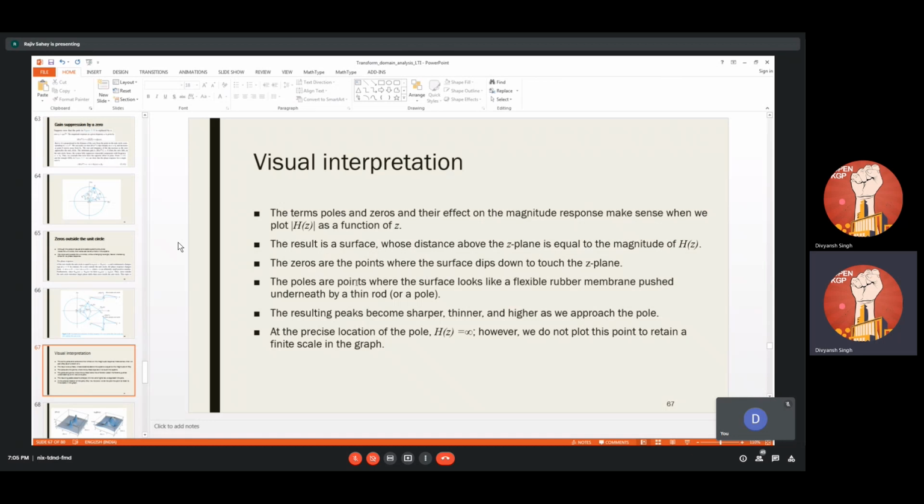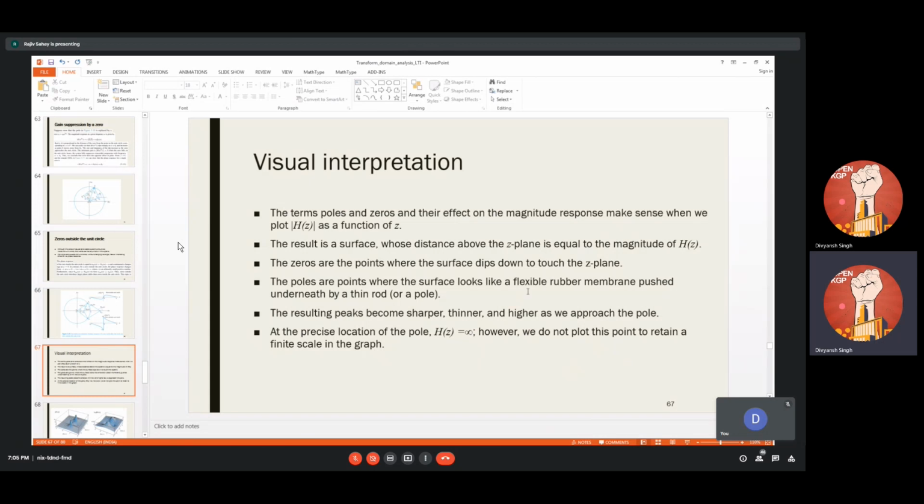And when you have poles for this particular H(z), those are the points where the surface looks like a rubber membrane pushed up by a thin rod or a pole. That is why it is called a pole. Those values on the z plane which cause H(z) to increase towards infinity are called poles. The resulting peaks become sharper, thinner and higher as we approach the pole. At the precise location of the pole, H(z) is equal to infinity.